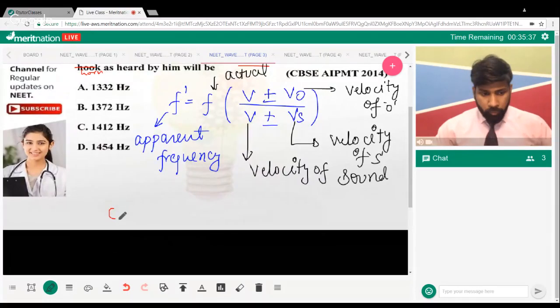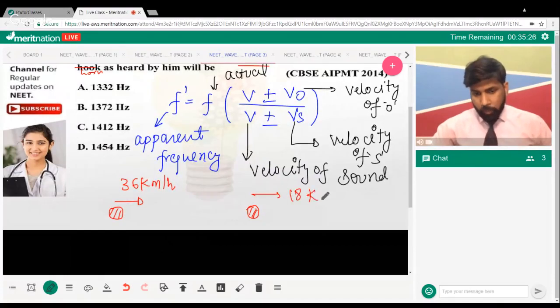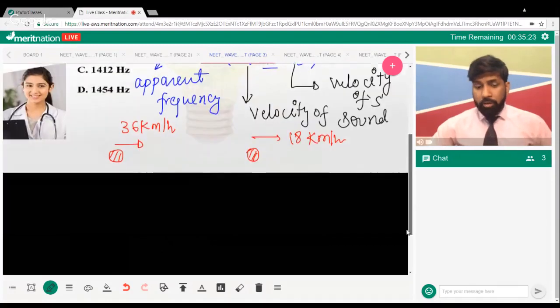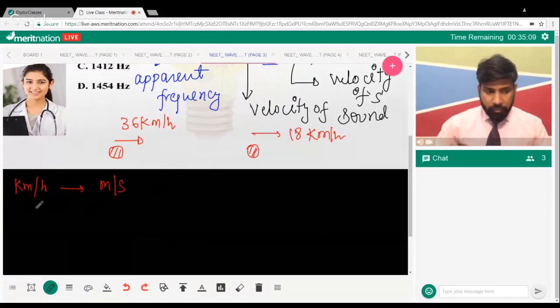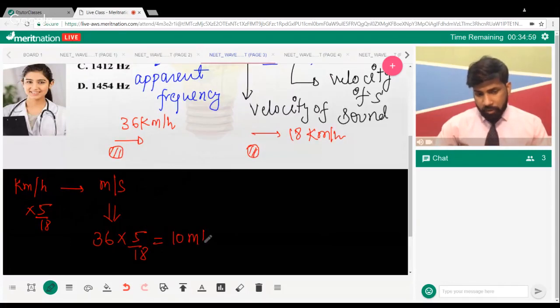First of all, suppose the first vehicle is moving with a speed of 36 kilometer per hour, and this one is moving with a speed of 18 kilometer per hour. You know very well how to convert kilometer per hour into meter per second: simply multiply by 5 by 18. Here 36 kilometer per hour is given, so 36 into 5 by 18 is 10 meter per second.